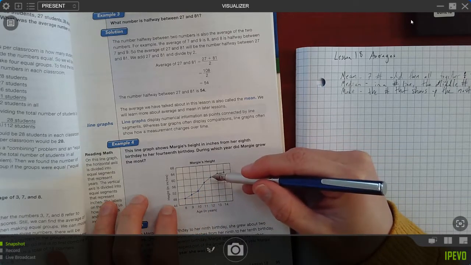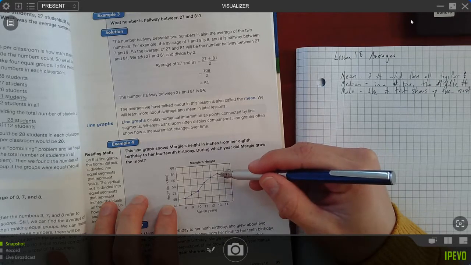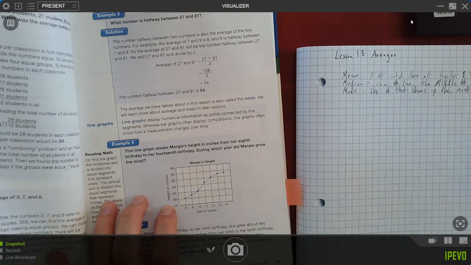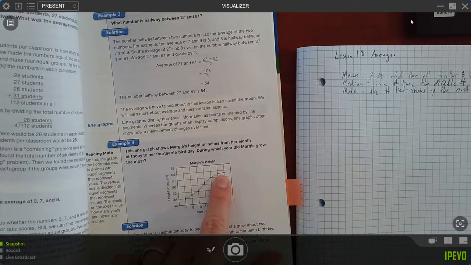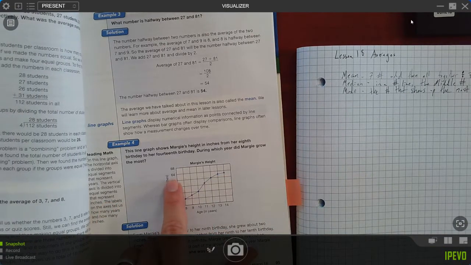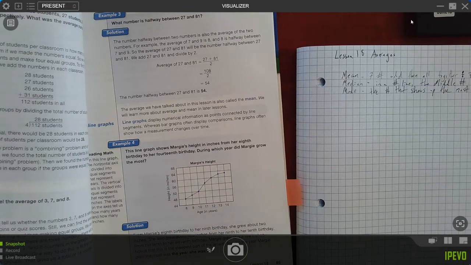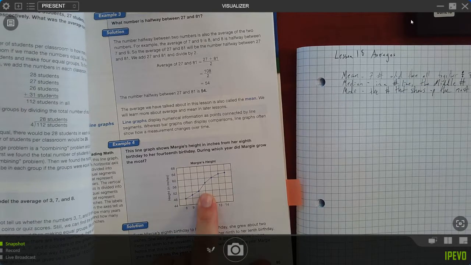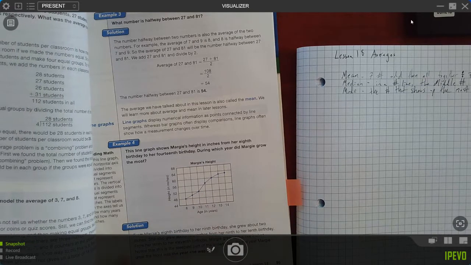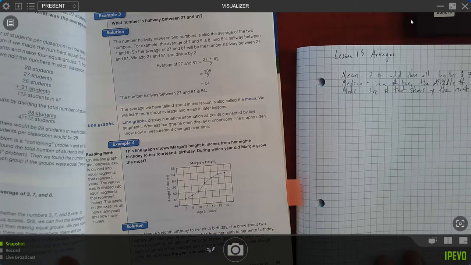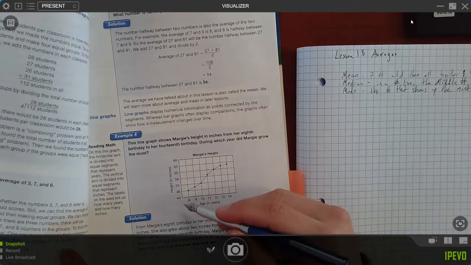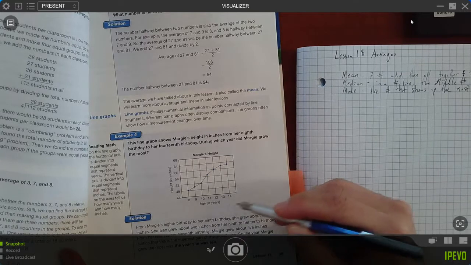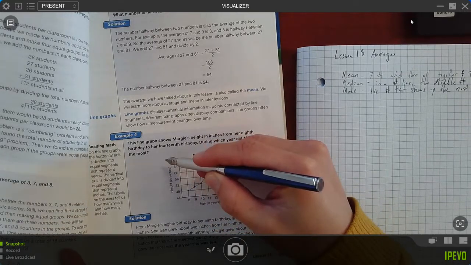From 57 to 60, from 60 to 62, from 62 to 63. I'm just kind of guessing because they haven't given me specifics on where they're at. Okay. But so the point in which the line is the steepest, that is the biggest growth. Okay. So we have what's called our x-axis down here and our y-axis here.